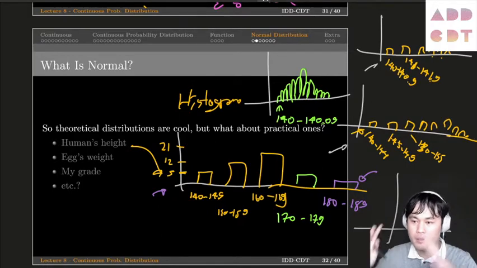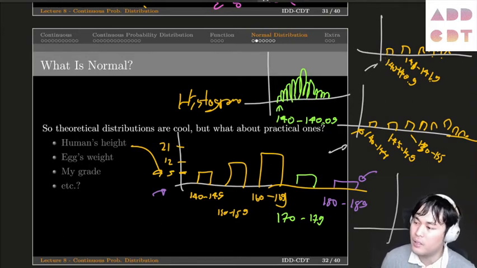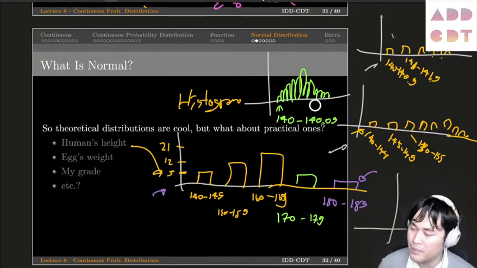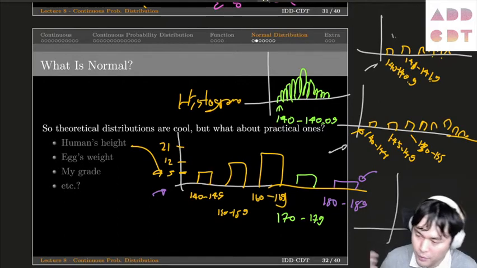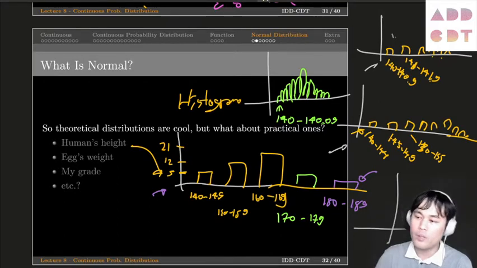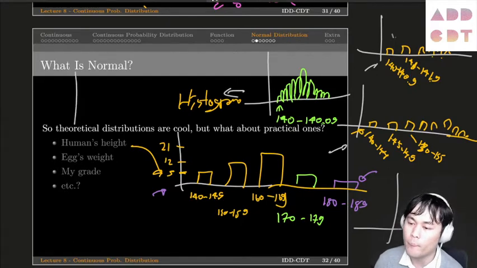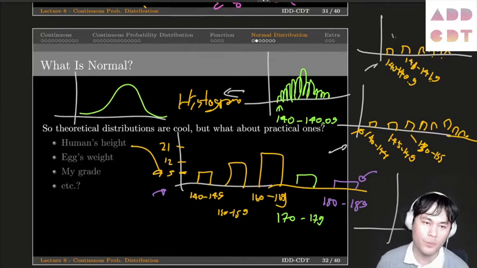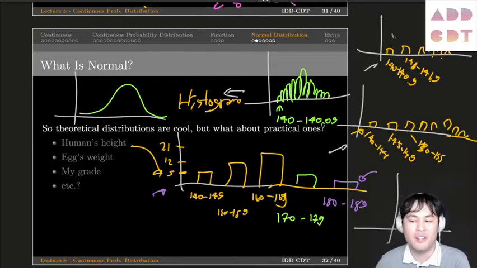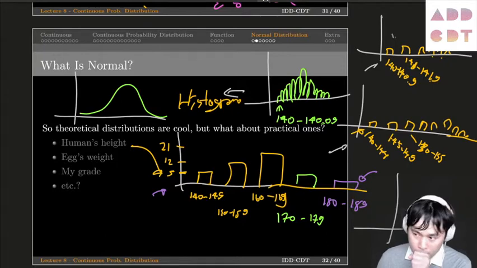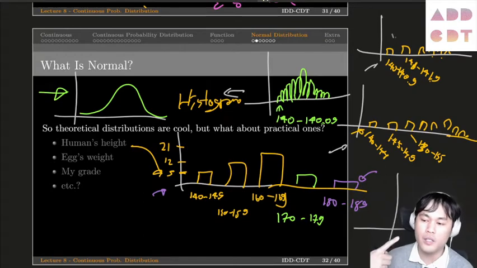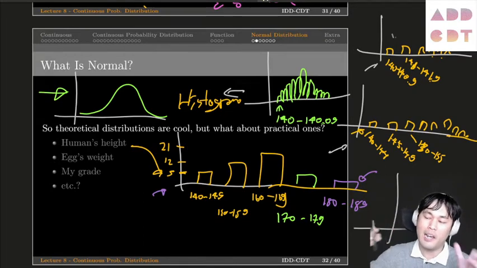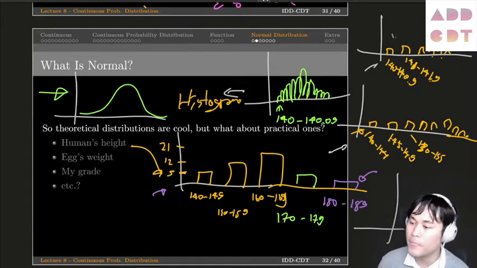You can divide each range as small as you want. But eventually, this discrete histogram is going to look something like this one, which I am pretty sure you have seen before somewhere on the internet. That's the reason why we are going to use this curve, because it is what we will get eventually if we have a large enough data set and split each one into a small range.